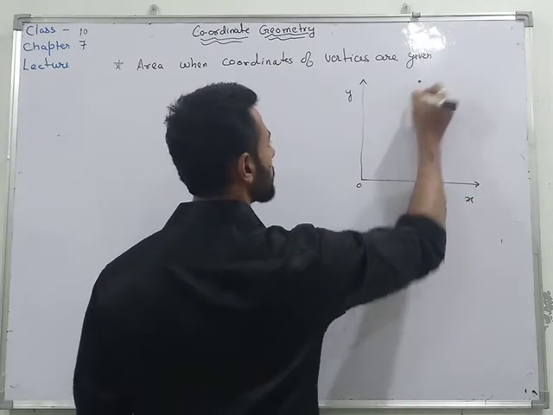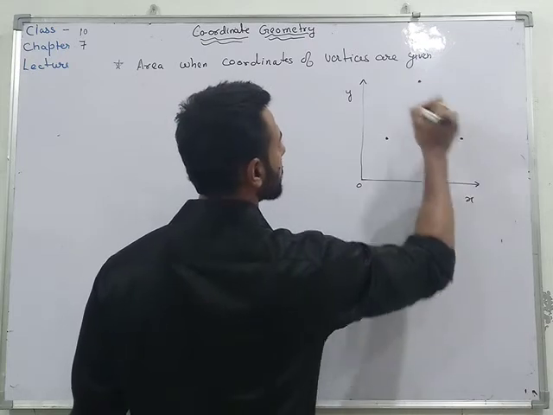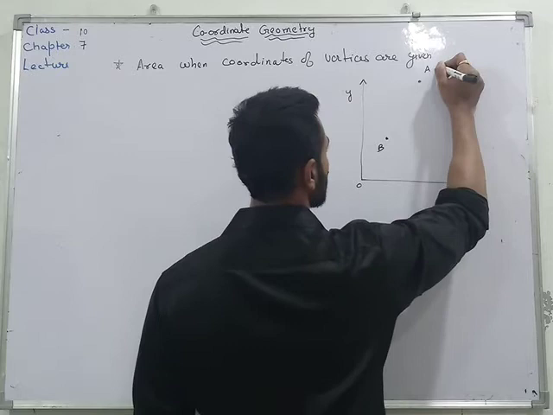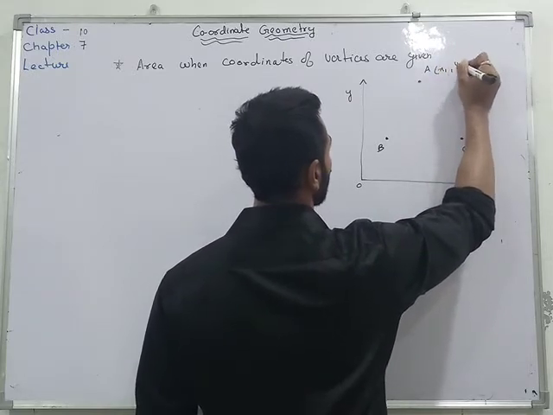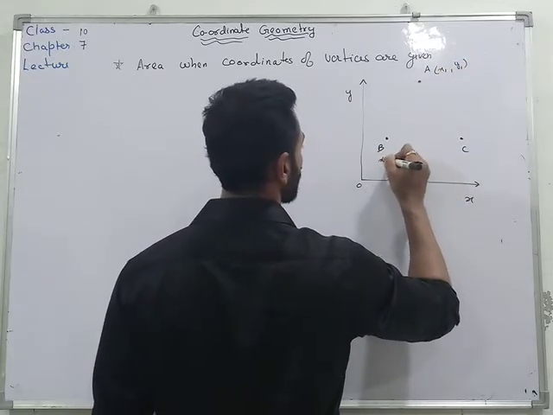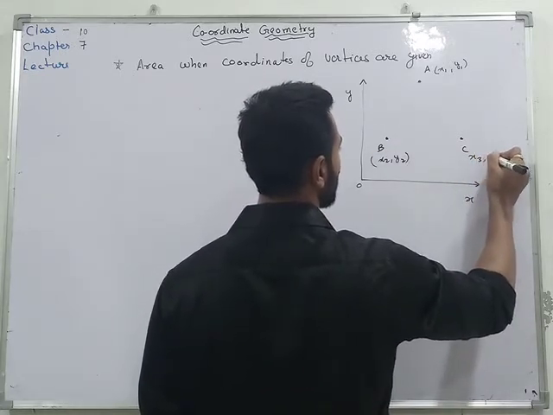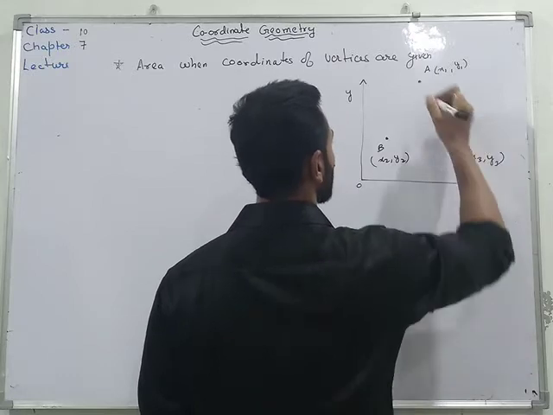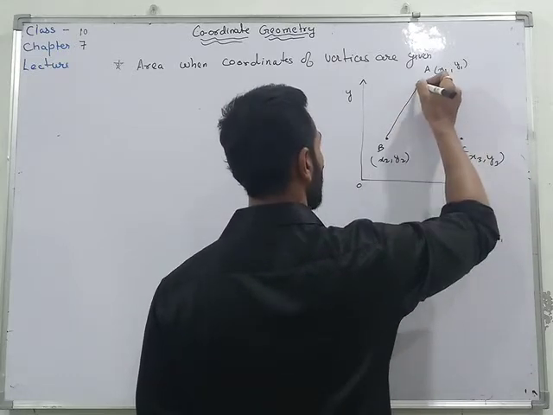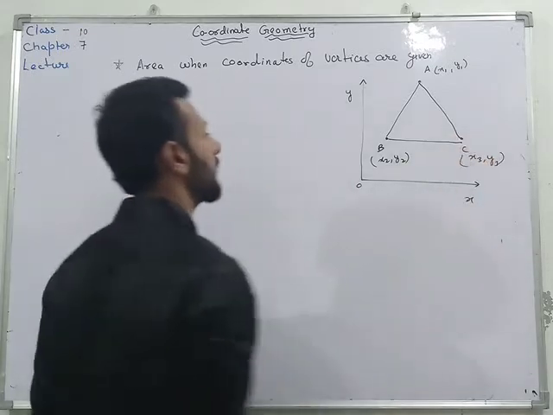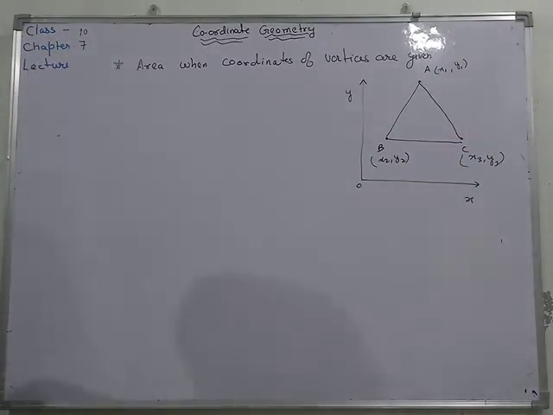We have three points A, B and C. Coordinates of these points are x1, y1, x2, y2 and x3, y3. Join these points. We get a triangle ABC whose vertices are x1, y1, x2, y2 and x3, y3.